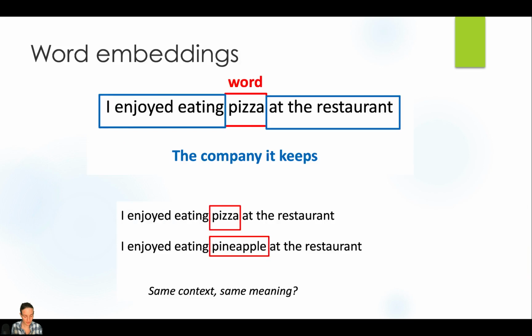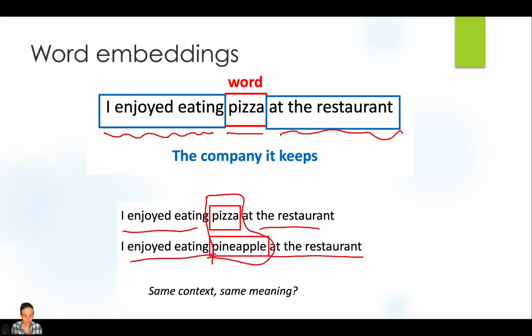Okay, so pizza is a word and all that surrounds it is the company it keeps. I enjoyed eating pizza at the restaurant. I enjoyed eating pineapple at the restaurant. Because both of these words appear in the exact same context, we can assume that they share a similar meaning. And it's sort of true, they're both foods that can be eaten in a restaurant.